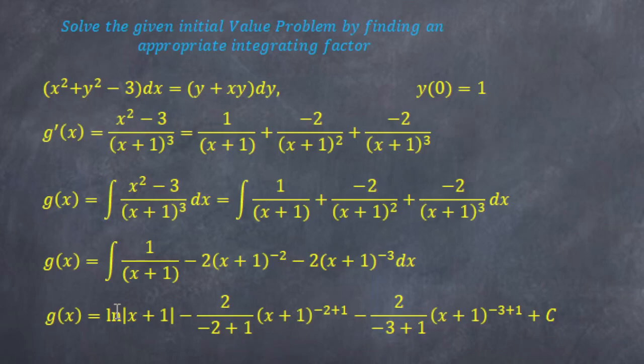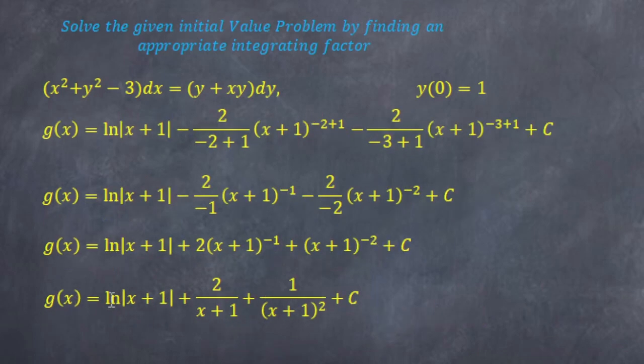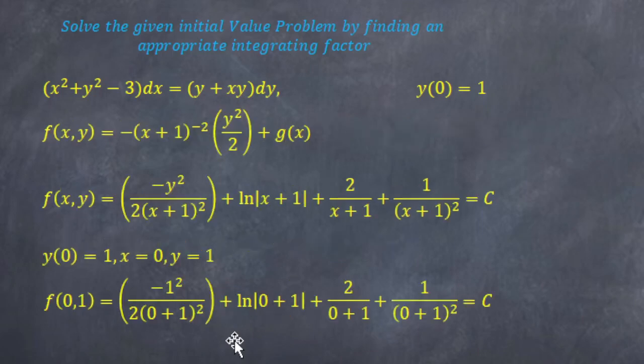Now, it's up to you to study how I did the integration, but the final answer for our g of x is this: ln of x plus 1 plus 2 over x plus 1 plus 1 over x plus 1 squared plus c. And let's plug that into our found f of x, y, our solution. And this is it. This is our solution, and let's equate that to c, and let's find the value of c by using this initial condition here: y of 0 is equal to 1. Change all the values of y to 1 and all the values of x to 0 to find our c.